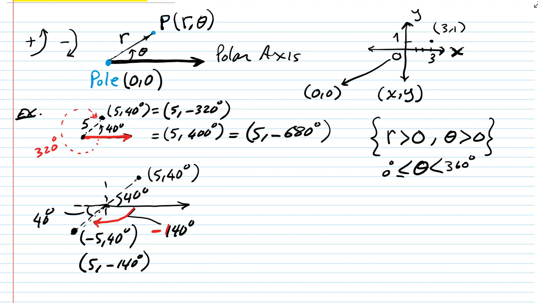Now, the point that I started with, 5, 40 degrees. If I need to write this point using a negative r, this is how it's going to work.